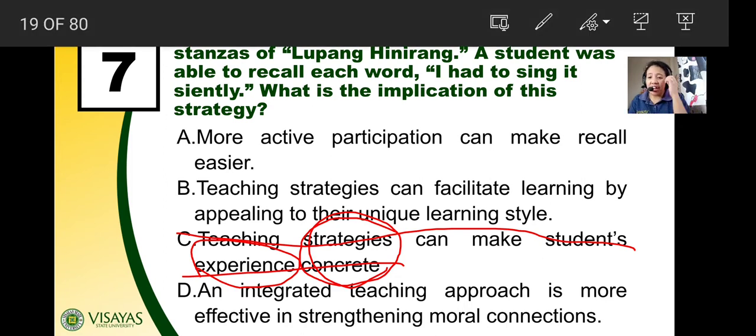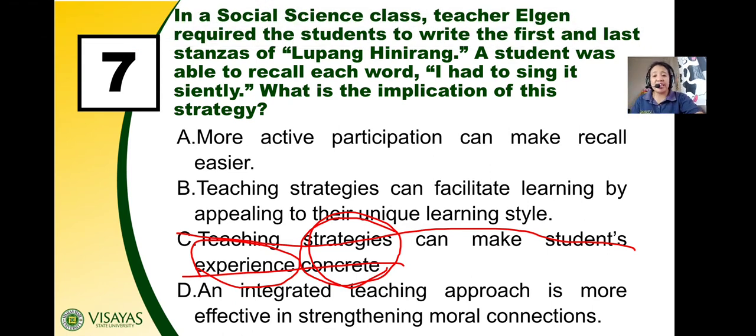Letter D, we have here, an integrated teaching approach is more effective in strengthening moral connection. Integrated, this is more an integration of values. Here, the subject of Teacher Elgin is social science.